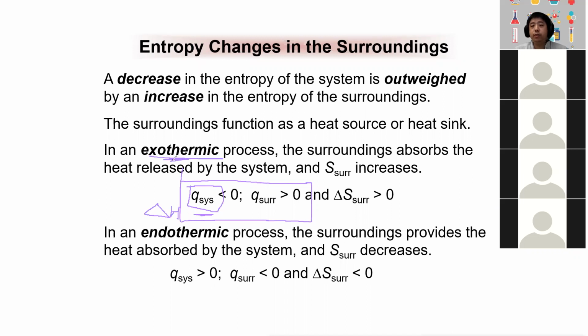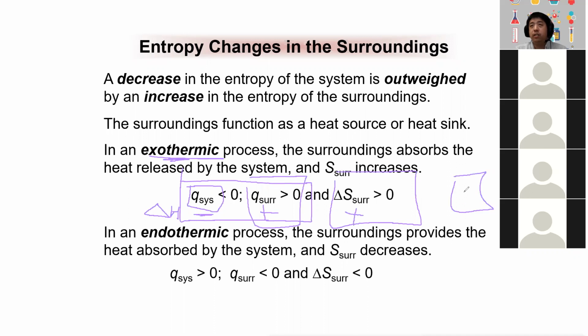Not a trick question, right? It's written right here. So delta H is negative. We have exothermic. If the system is essentially losing heat, it is going towards the surrounding. So this is becoming more positive. And also as a response, the disorder of the surrounding is also increasing.